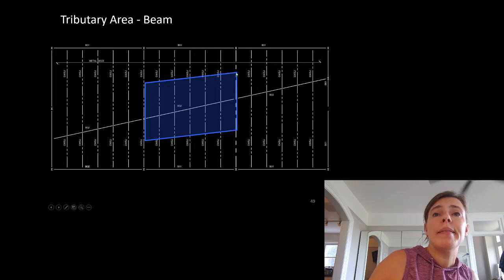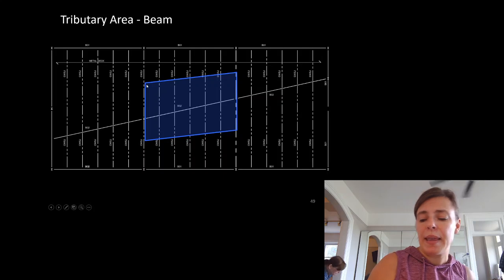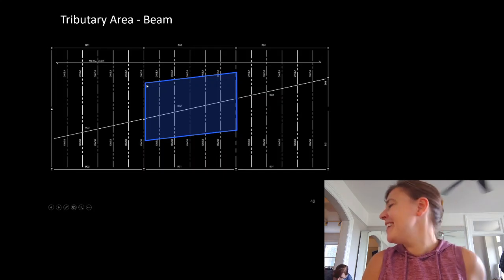So we could draw a line through all of those halfway points, and it picks up half of all of these joists. We can see that its entire tributary area is this, and its tributary width, oddly enough, stays the same over its whole length.